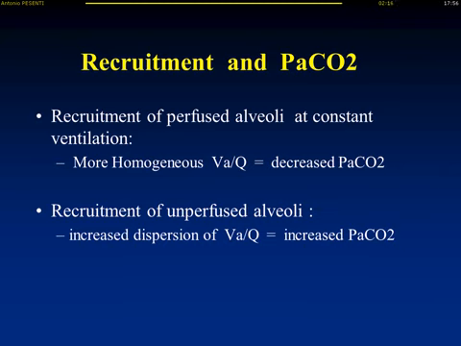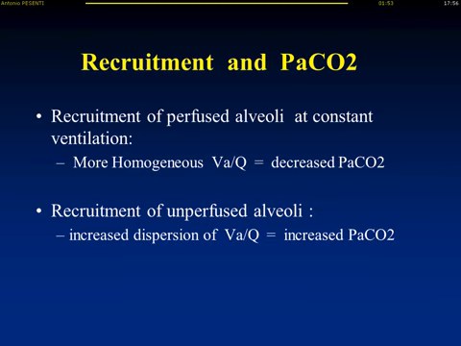The idea here is that when we want to achieve the best recruitment of the lung, the good recruitment is the recruitment of perfused alveoli. If you recruit alveoli which are not perfused, the V/Q distribution will, as a matter of fact, get worse than it was before.